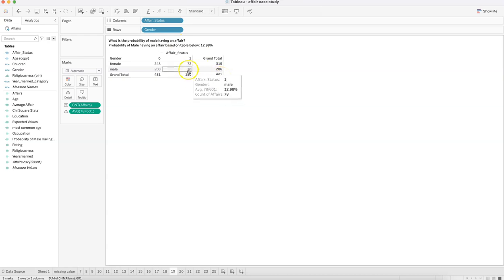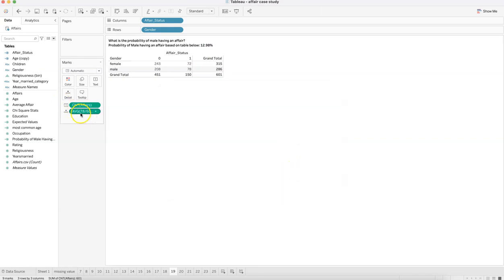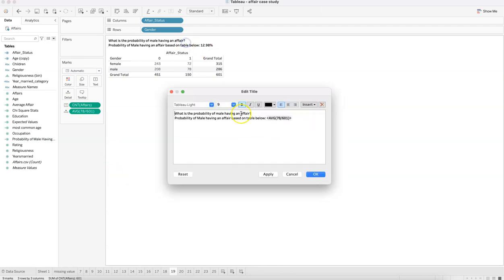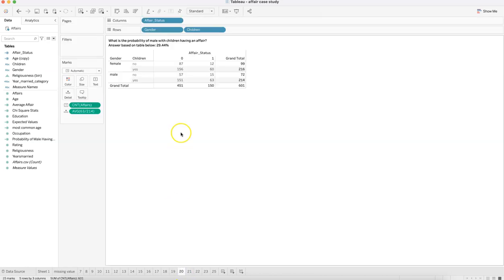Out of that, 78 males are having an affair. So 78 divided by 601 gives you this. You double click over here, and that's the field I have taken directly from here after adding it as a detail.